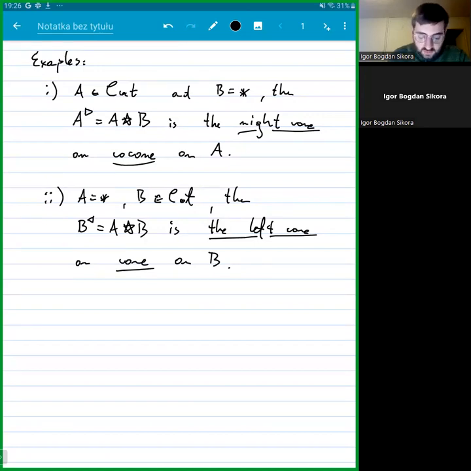For example, if we have a category consisting of three objects and two arrows looking like this, this is the category describing pushouts. Then its cocone will look as follows.